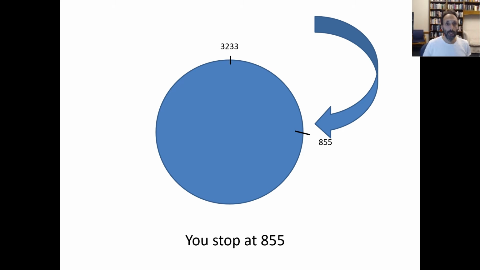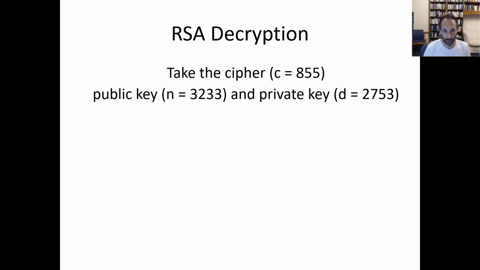Now, how are we going to decrypt it? You take the ciphertext, which is 855, the public key and the private key, and you do this. You take C to the D modulo N and you see what the remainder is.